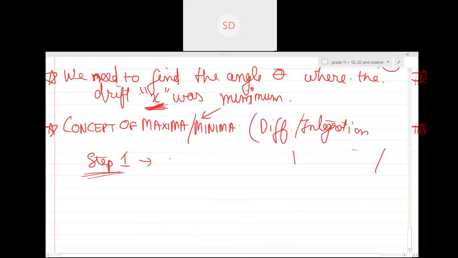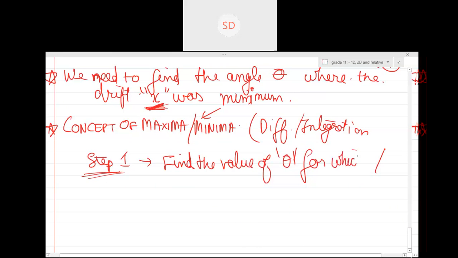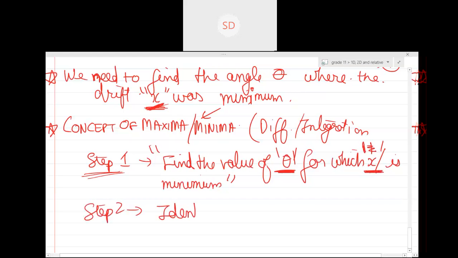The question was this thing: find the value of theta for which the drift x is minimum. So basically, this is what they have said, right? So identify this statement. You need to find out that theta for which this drift is either maximum or minimum. So once you found out that statement, step 2 में जाके identify the function.